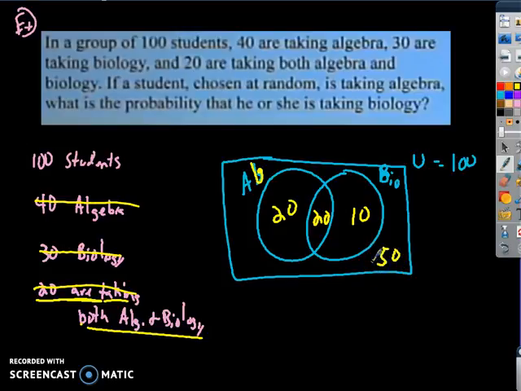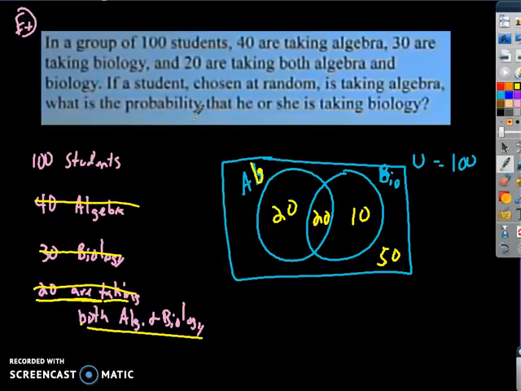Now, the question asked: if a student is chosen at random, and is taking algebra, what is the probability he's also taking biology? So basically, it's already given that he's taking an algebra class.